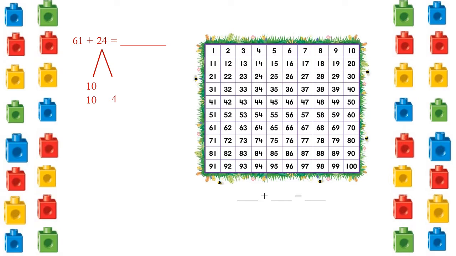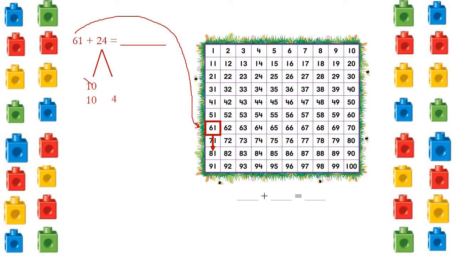So now we're going to take the big number, that's 61, and we're going to find it on our hundreds chart. Okay, and there it is. And because we have two tens, we're going to drop down 2 rows because each row is 10, and that takes us to 81.